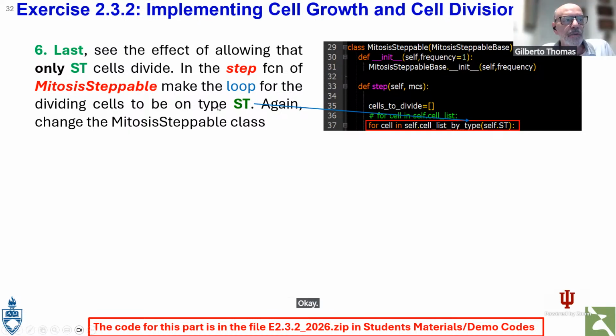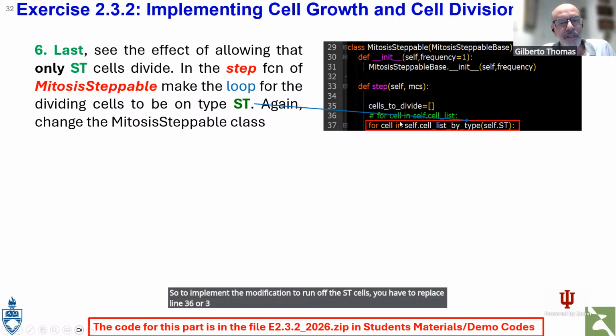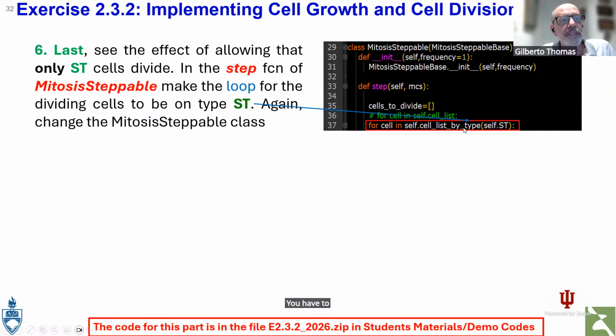Okay? To implement the modification to run over the ST cells, you have to replace line 36 for 37 in the screen. Probably your lines are different than mine. So you have to iterate over cell type, not all the cells.